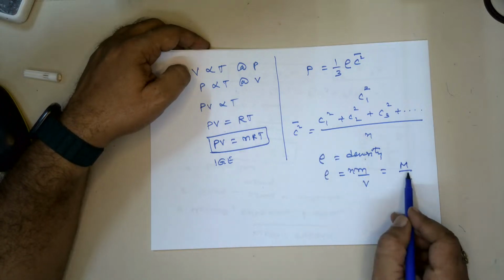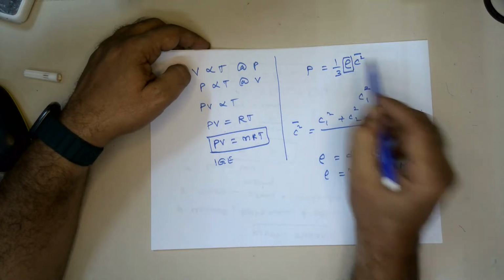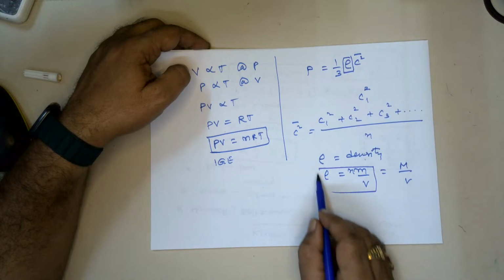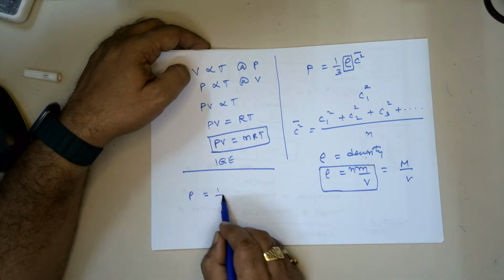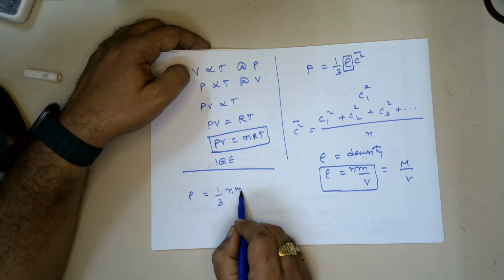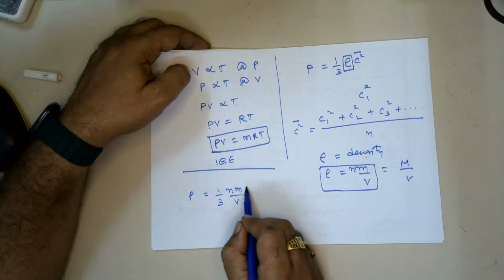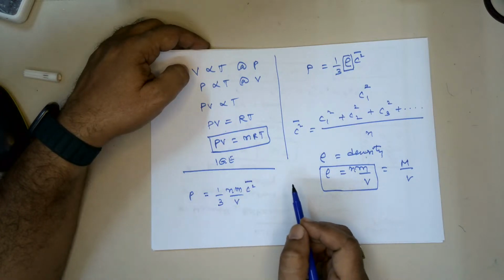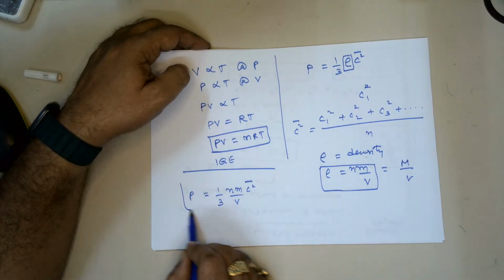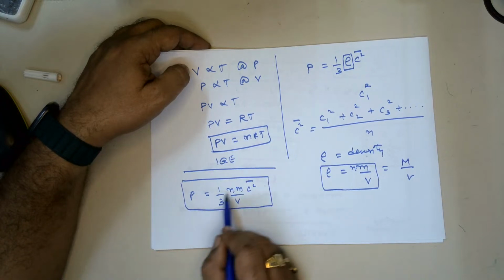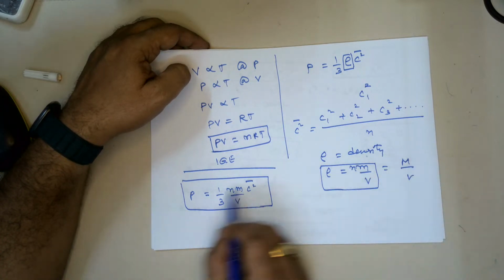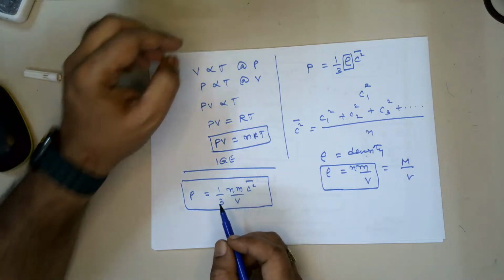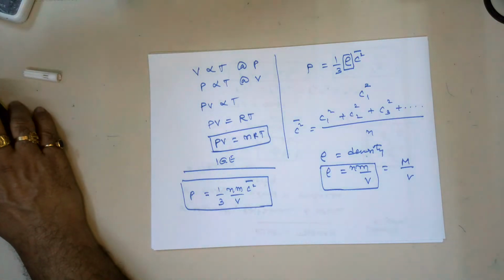Therefore, instead of rho, we can put nm divided by V. Therefore, P is equal to 1 by 3 nm divided by V into C squared bar. So this is the expanded equation where V is the volume of the container, n the number of molecules of gas, m the mass of each gas molecule, nm the total mass, P the pressure, right?